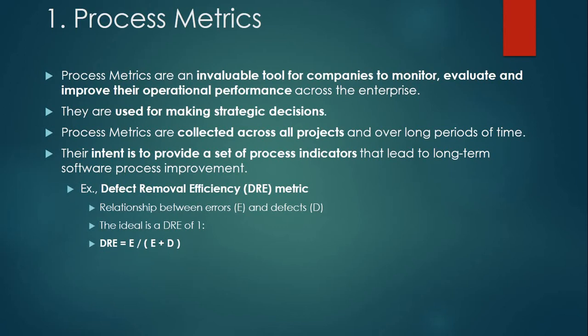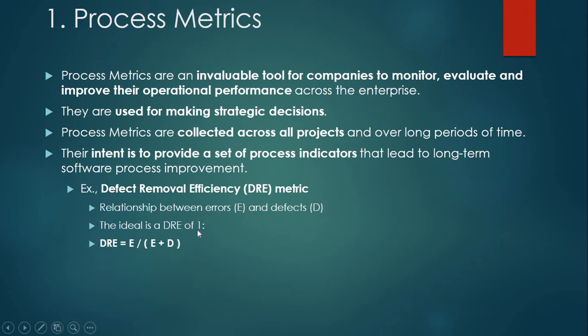For example, DRE, the defect removal efficiency metric, has the equation DRE = E / (E + D), where E is error and D is defect. This equation gives us the defect removal efficiency.